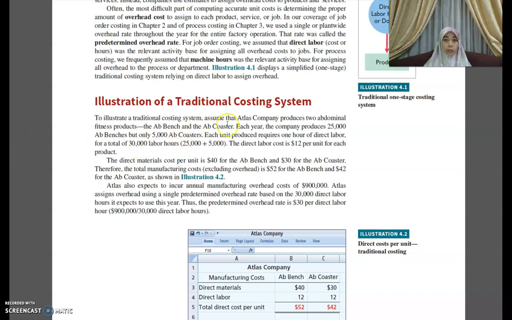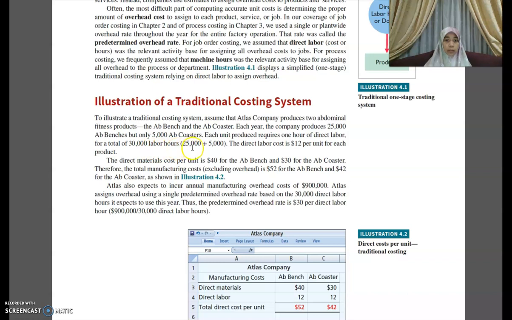In your textbook, Atlas Company produces 2 abdominal fitness products, the Ab Bench and Ab Coaster. Each year, the company produces 25,000 units of Ab Benches, but only 5,000 of Ab Coasters. Each unit requires 1 hour of direct labor, for a total of 30,000 labor hours.